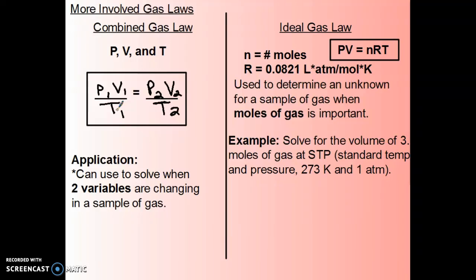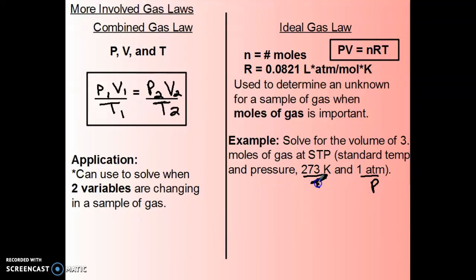So let's do the example given here. It's important to remember that in any of our gas laws, we're going to use Kelvin for our temperature. And you might see the abbreviation STP, which stands for standard temperature and pressure. Standard temperature and pressure means that the temperature is 273 and the pressure is 1 atm.